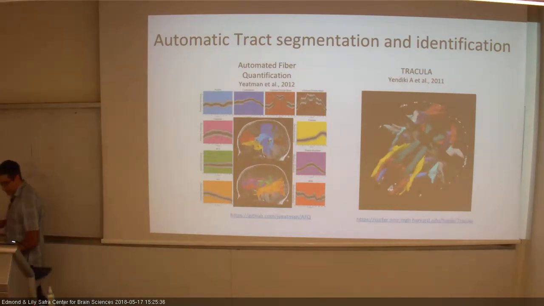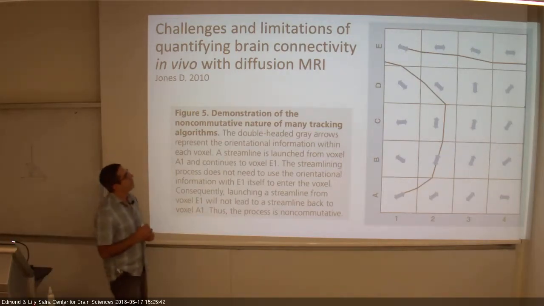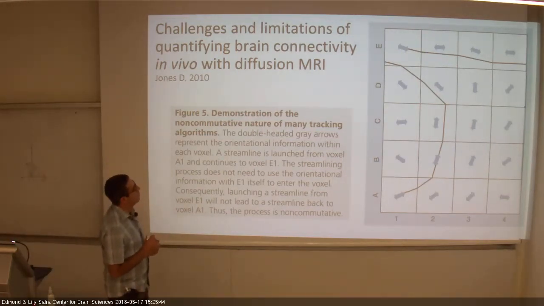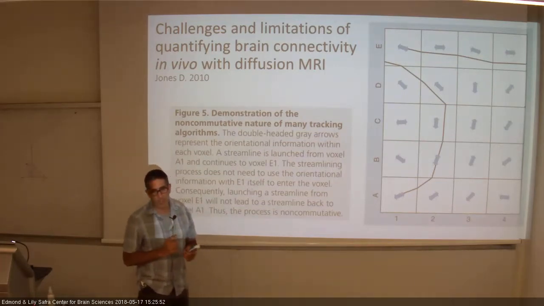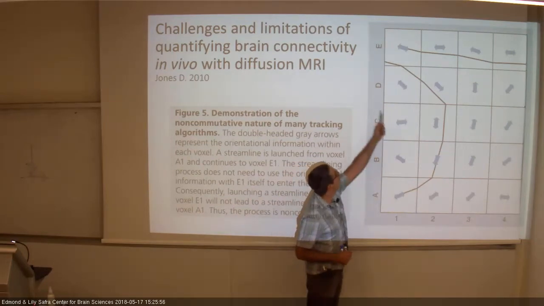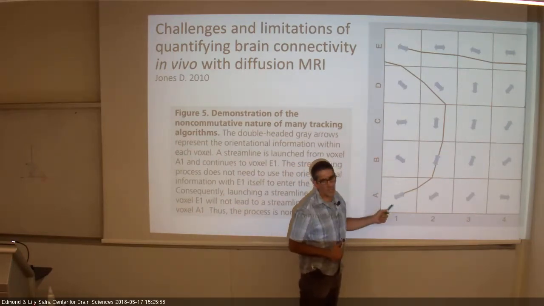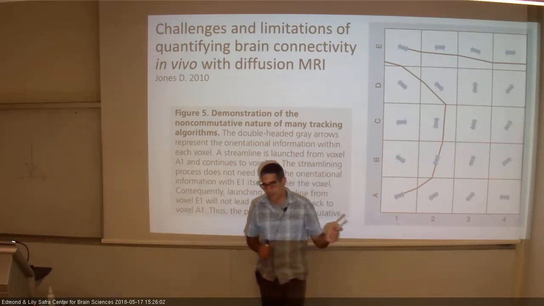Okay, some problems of tractography. You would like your model to be equivalent in both directions, right? You would like to say you start in A, you arrive at E. If you started in E, you would like to go to A. But that's actually not the case, as you can see here.